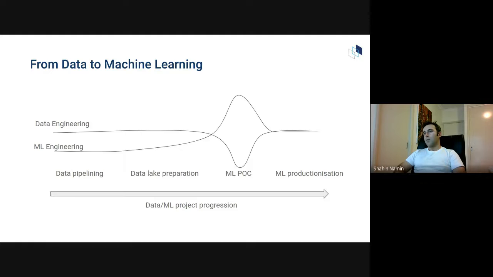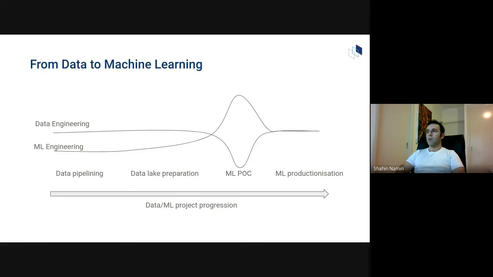So we usually start from the data in organizations. The first step is to implement data pipelines and make sure that we can import and stream the data into our system. The next step is to prepare the data lake, which is a repository that tries to keep and store all the available data in such a way that we can interact with the data.